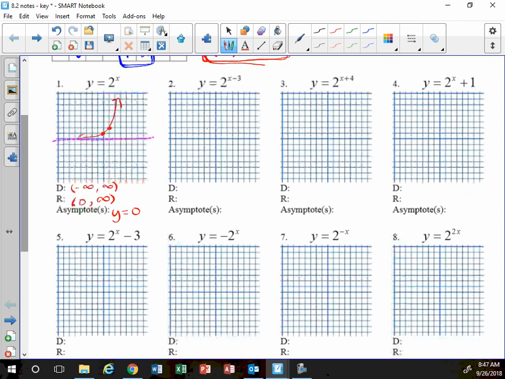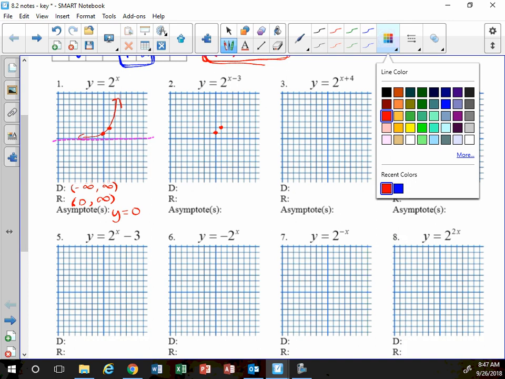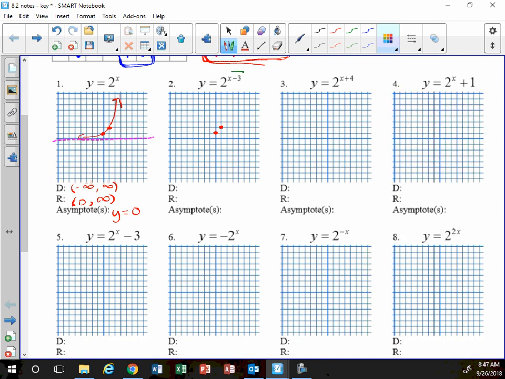All right. Let's do number 2 together. So I'm going to start with those same 2 points. I'm going to put a dot at 0, 1. And I'm going to put one at 1, 2. Okay, those 2 points every time. Then I just have to look, where am I going? So what is this x minus 3 telling me?